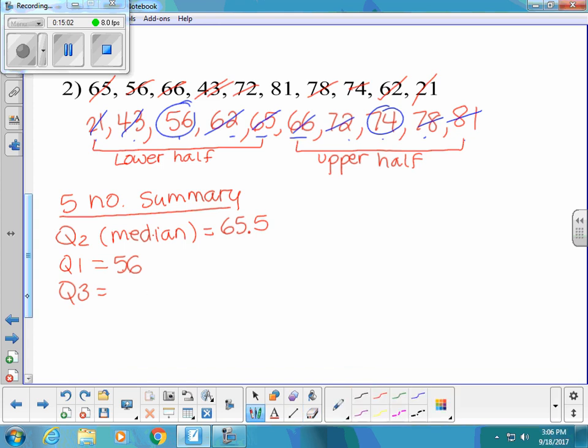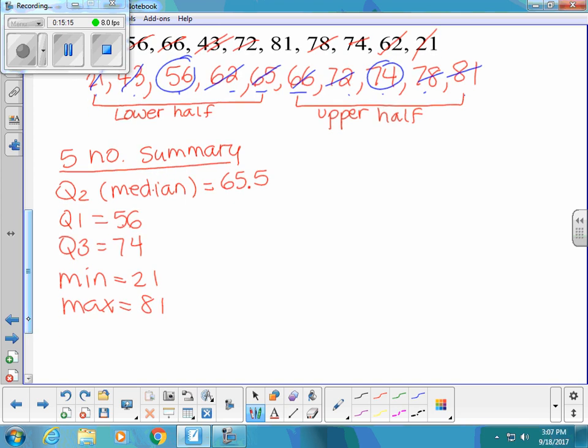And our min, smallest number, is 21, and our max, biggest number, is 81. Min and max tells us how big our number line has to be, from 21 to 81.